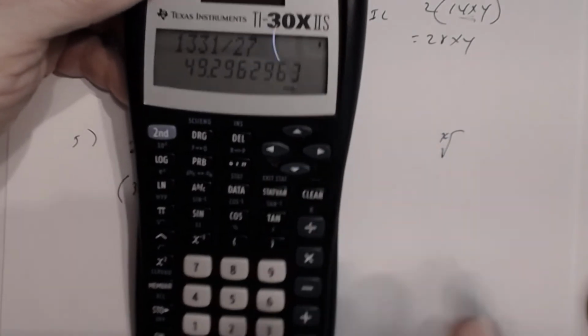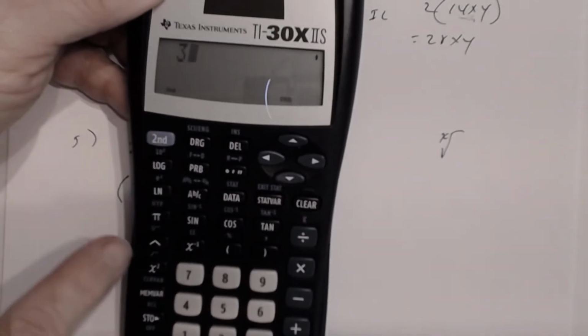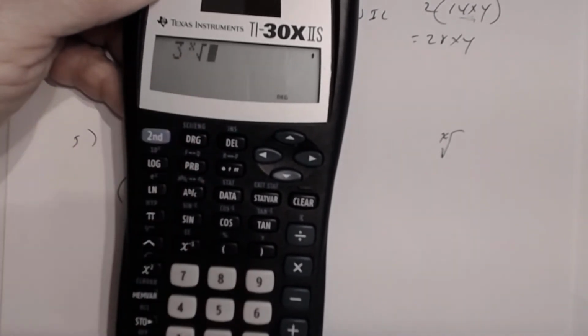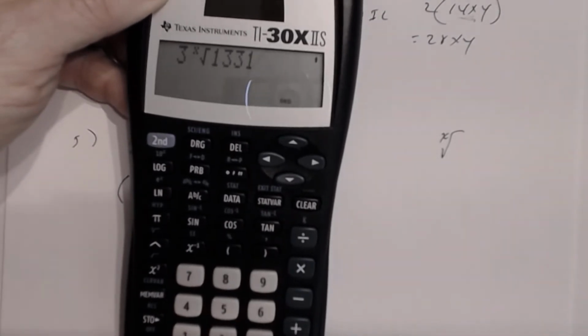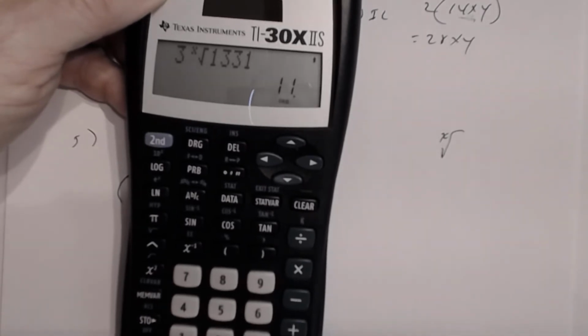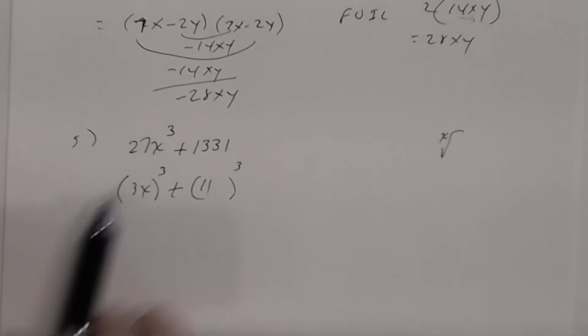So we're going to take the cube root. You're going to say 3, then press second and this button right here, which means the cube root you're taking of 1,331, and then press equal, and you get 11. So the cube root of 1,331 is 11. So 11 goes here. So hey, this is the sum of 2 cubes.